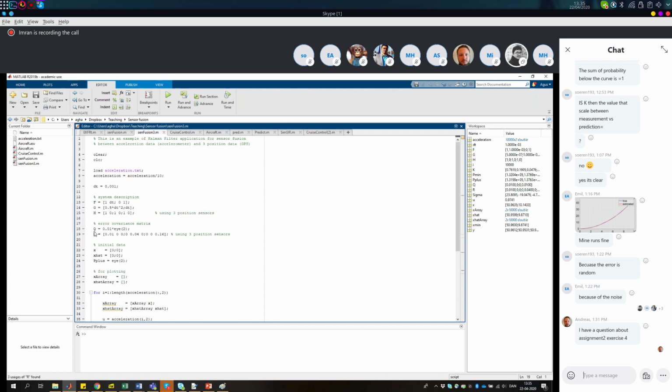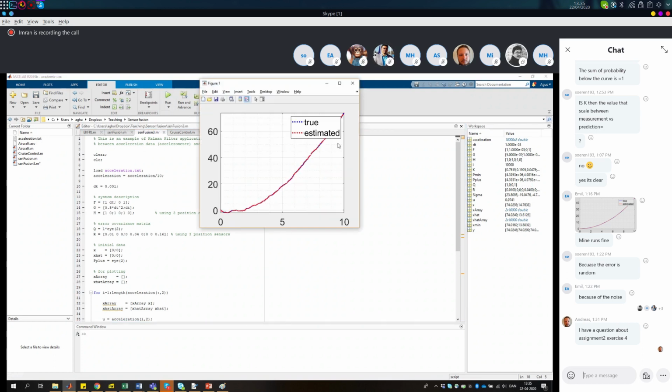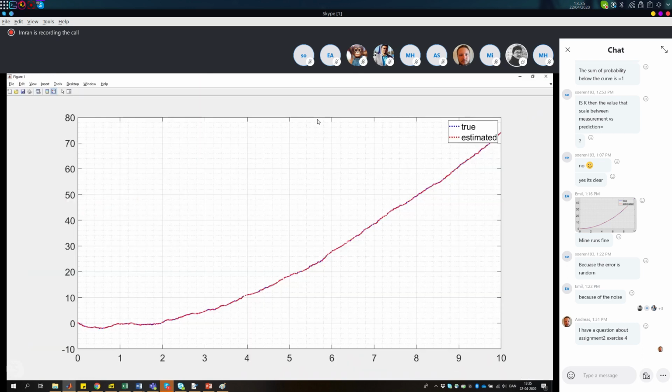Okay. All right, thanks. Because if you use a bigger Q, for example, this is what happens. It's not really smooth, but still you are able. But the actual one is probably quite smooth, and here is the estimate.